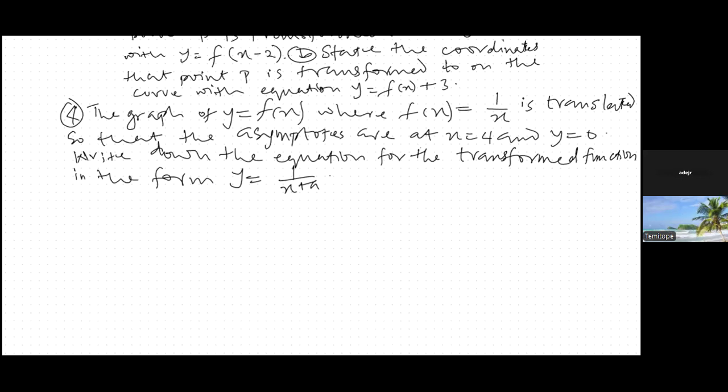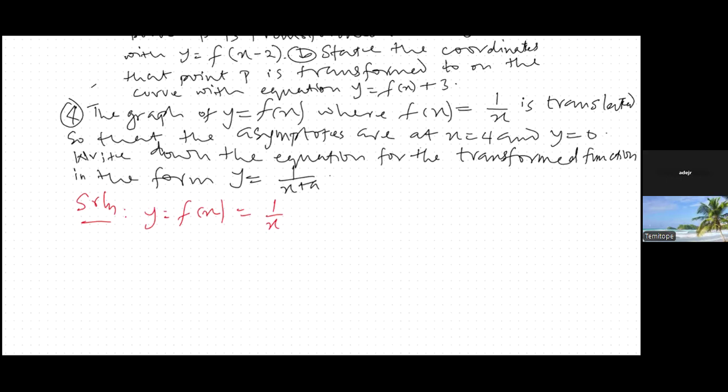Now, the original function you have, let me change the color to red. For the solution, the original function given is y equals f of x, and that is 1 over x. And you have been told that this has been translated. Now, the translation has taken place in which of the axes?